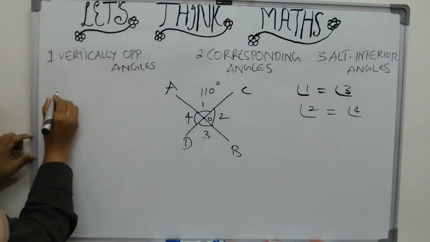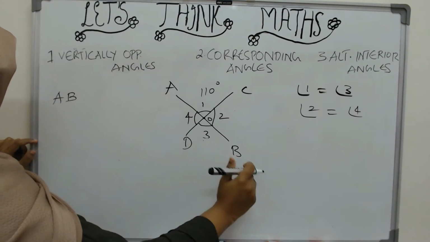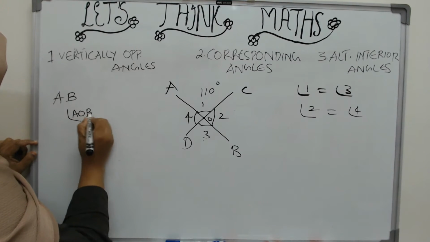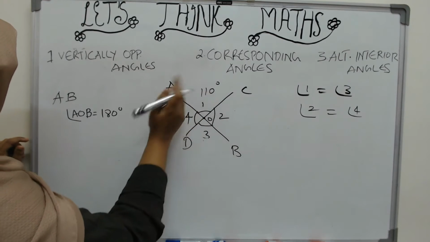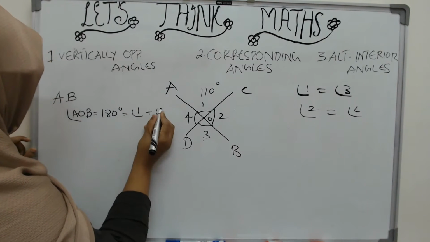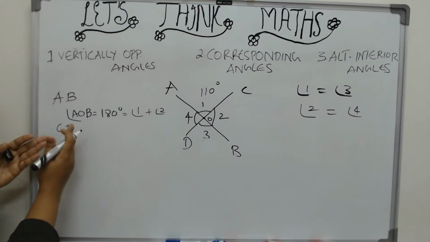Look at AB. It is a straight line, which means angle AOB would be 180 degrees. It is a straight line, right? But what is angle AOB? It is the sum of 1 and 2. Now consider COD. Consider CD. It is a straight line.